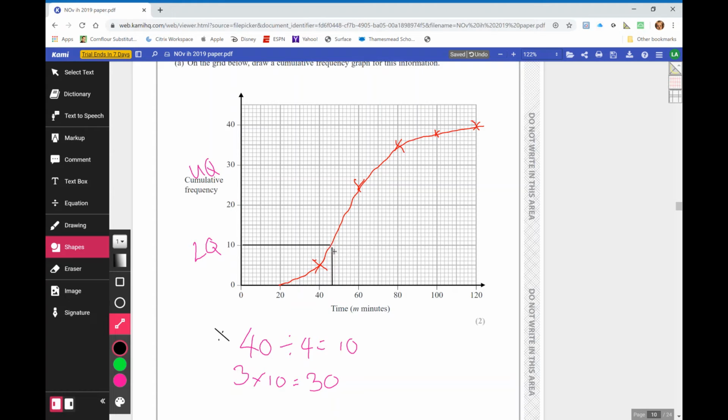So you should get here, and so your lower quartile would be about 43, and your upper quartile, you go along here, let's draw the line and then I'm going to move it. It's been a bit strange this actually. Upper quartile, and then you move the line.